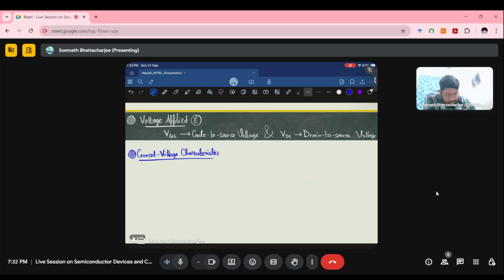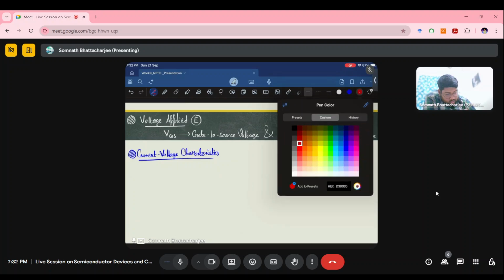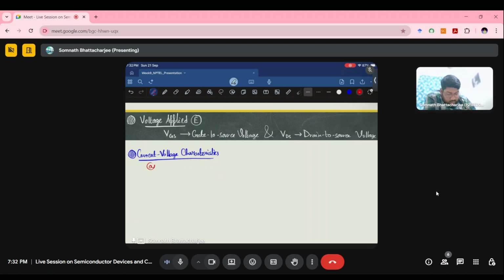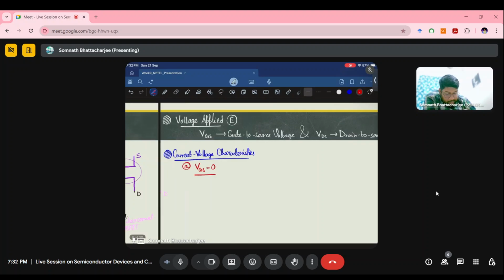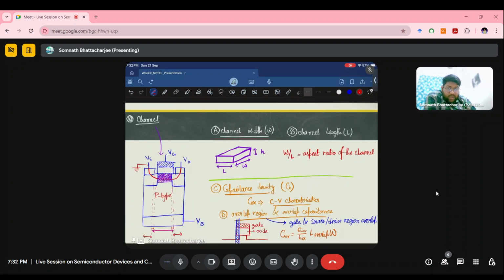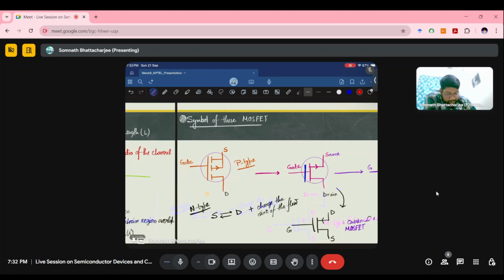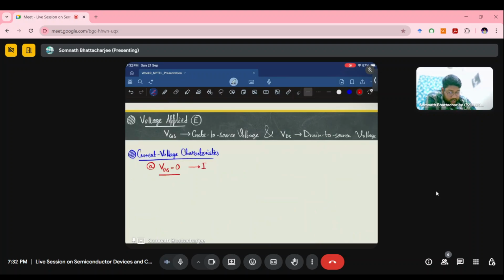In a structure like this, in a case where the value of VGS is 0, we are not applying any kind of gate voltage along with the source which is grounded already. There won't be any flow, that is the value of IG, the gate current, is anyway 0, and with respect to that we can say that the input resistance is nearly infinite.